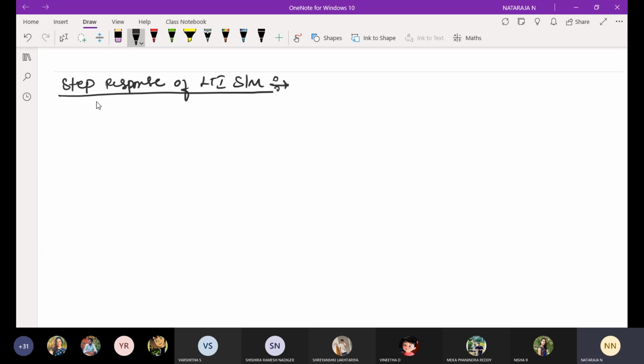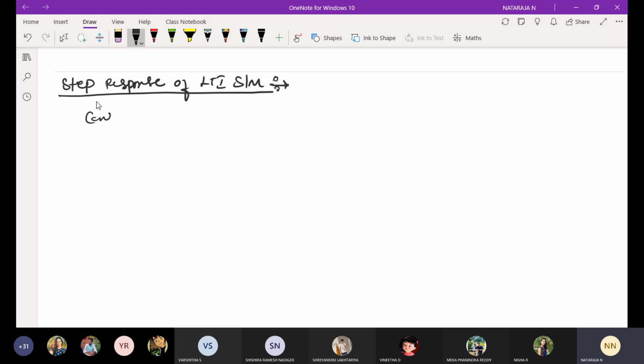Here we'll discuss one equation, how we are going to get some relation. We are going to solve some problems based on that relation. We'll discuss how that relation comes. I cannot directly write that y of n is equal to summation k equal to minus infinity to n of h of k. We'll discuss how the equation is obtained.